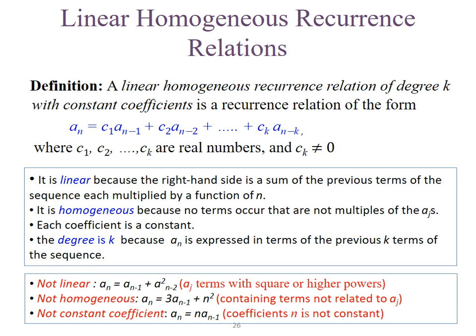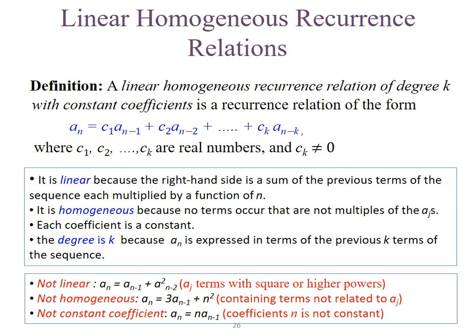Next, let's see what constant coefficients are. For each previous term, we have some scalar c_1, c_2, up to c_k, and these numbers are real numbers, so we call them constant coefficients. Now, what is linear?